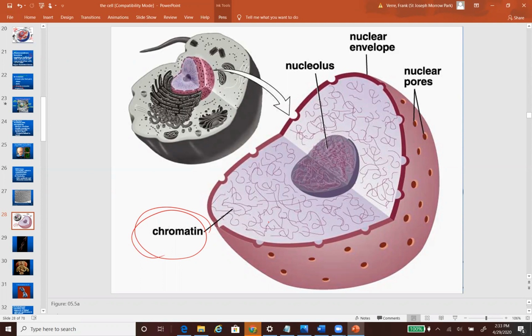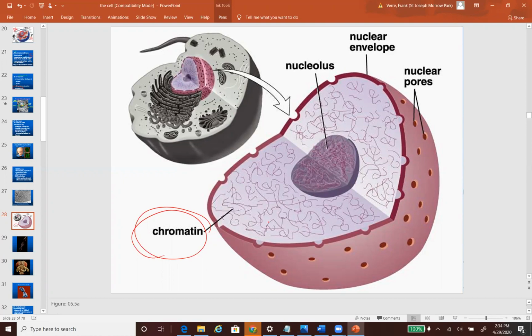I can also see that the nucleus has these pores, and the reason it has the pores would suggest that things must be able to go in and out of the nucleus, right? Otherwise, why would they have these little doorways into the nucleus?